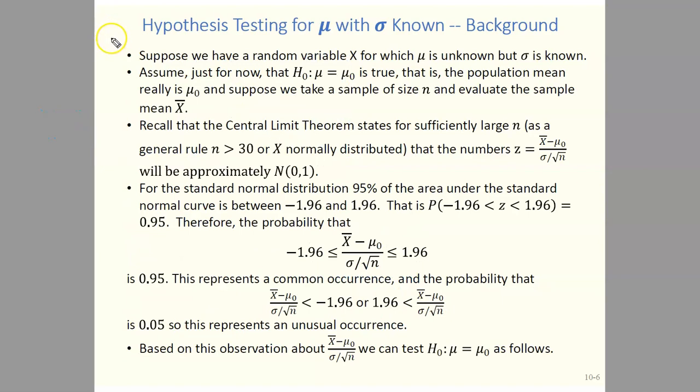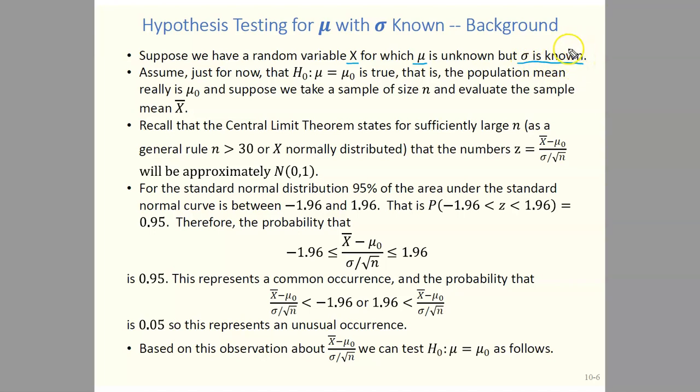Now here's where we actually begin the development of our hypothesis testing technique. So suppose we're given a random variable x for which the mean, mu, is unknown, but the population standard deviation, we're going to assume that is known. And there could be a good reason why we can assume the population standard deviation is known in certain situations, and later on we'll develop a technique for hypothesis testing where we do not assume that sigma is known.